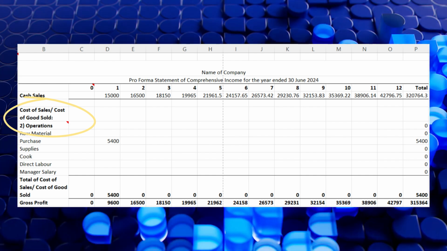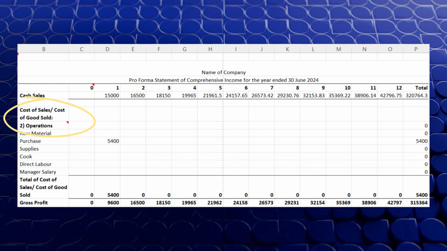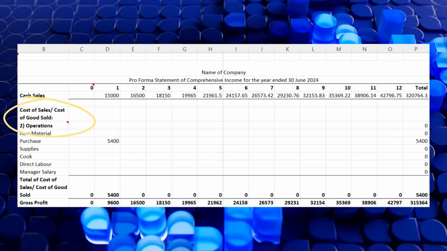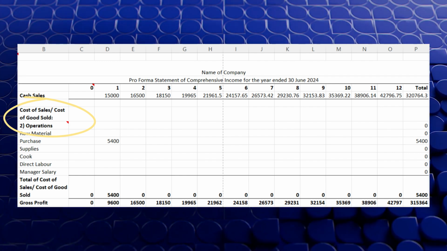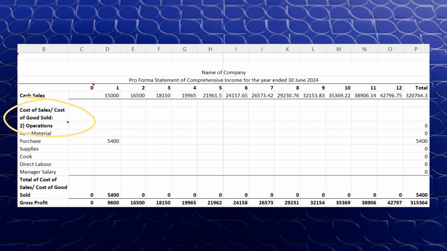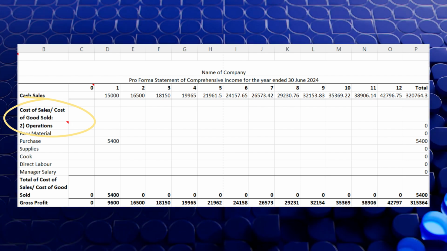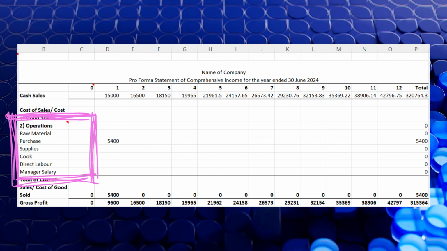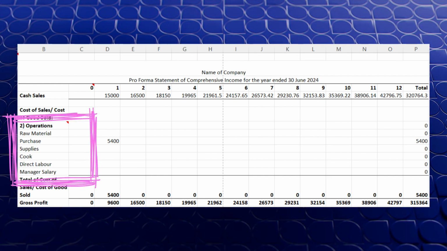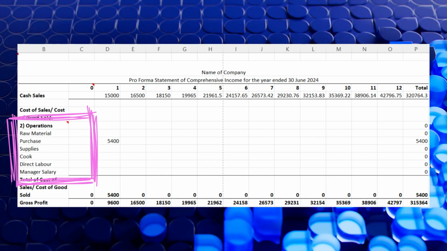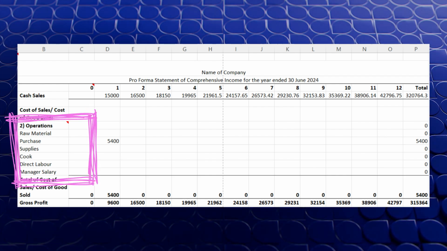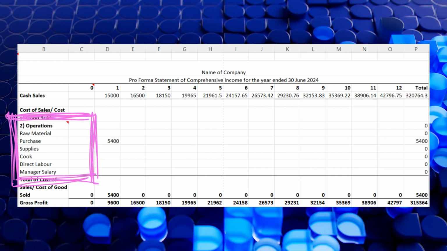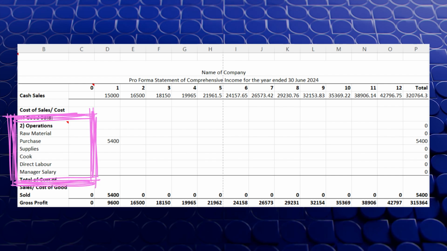COGS data is also from the previous PFCF sheet. We found our costs are decreasing, or crediting, our cash in accounting language. Now this COGS in this PFSOCI is in debiting. Usually this data comes from your operational or production department.